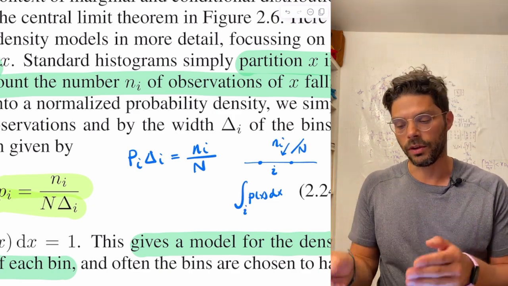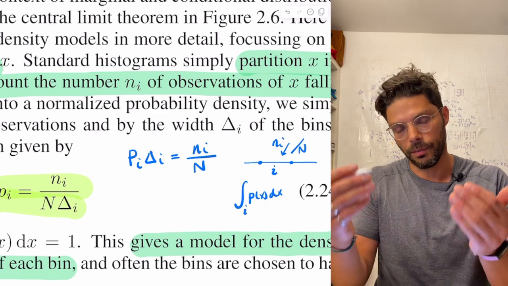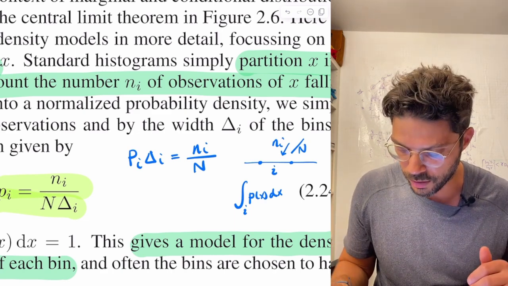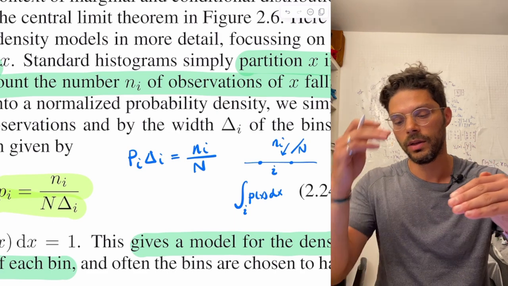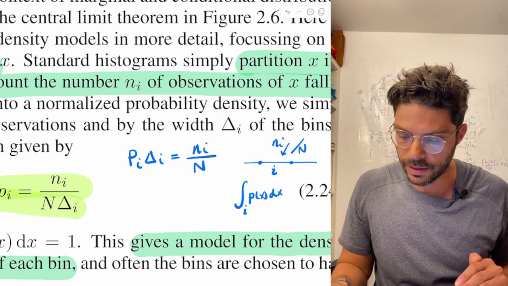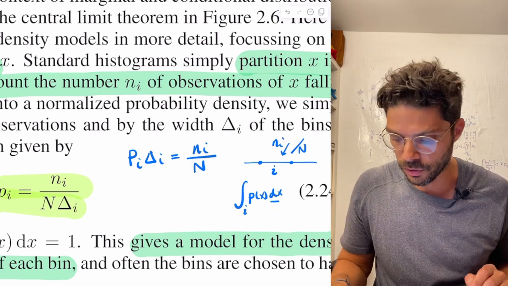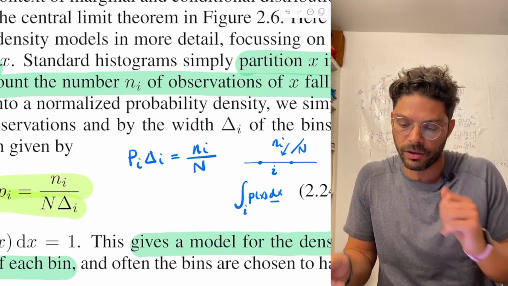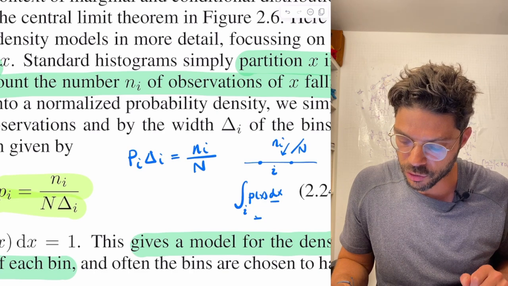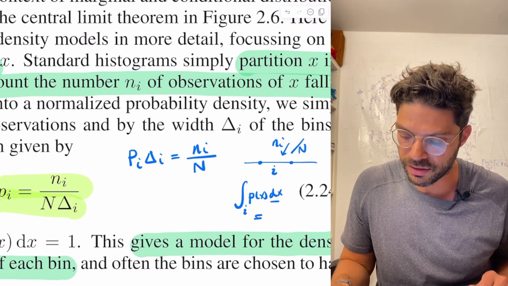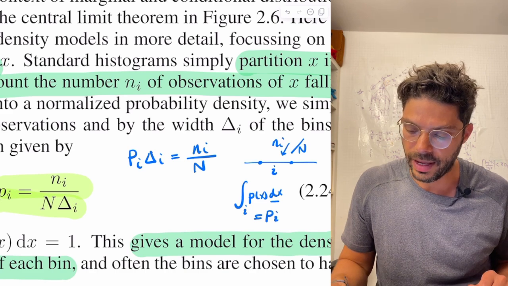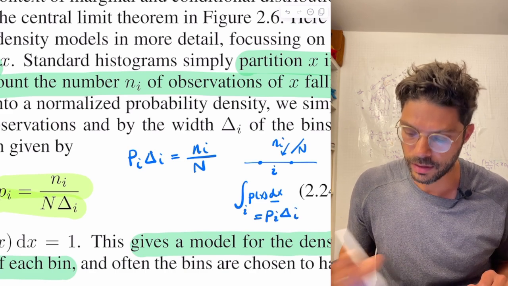And the total probability in there, within our histogram, is actually just going to be some constant value times the length of that interval. So instead of having this, we actually have an integral in here, but it's just a simple one because p of x is constant and dx is just the interval.